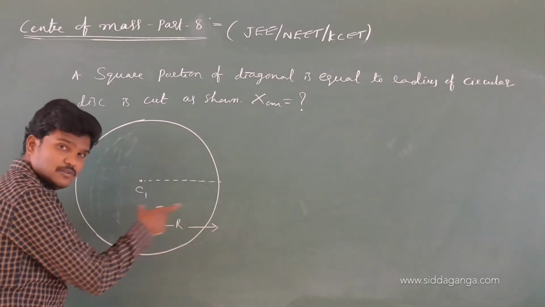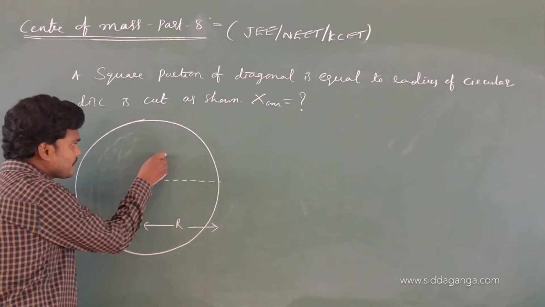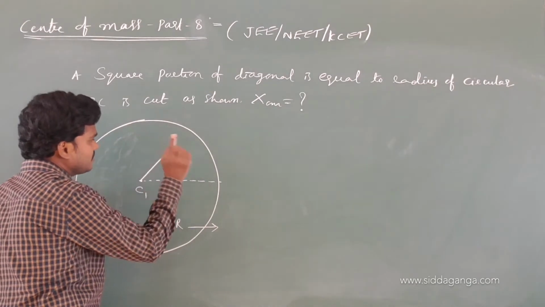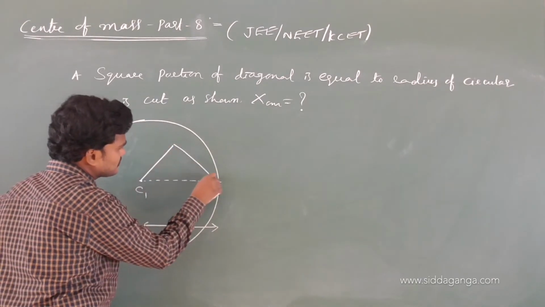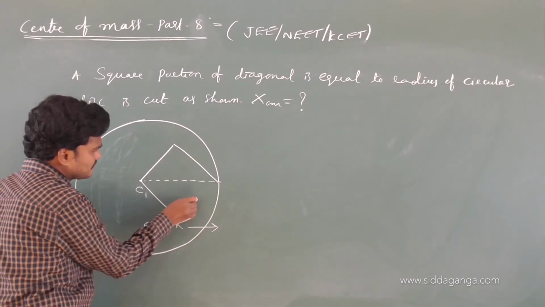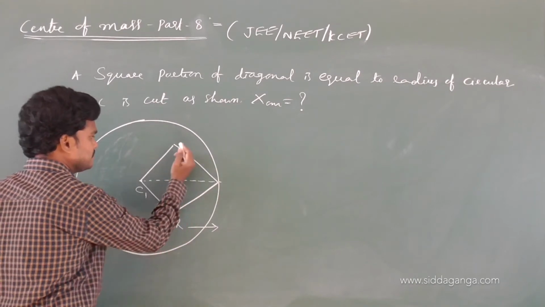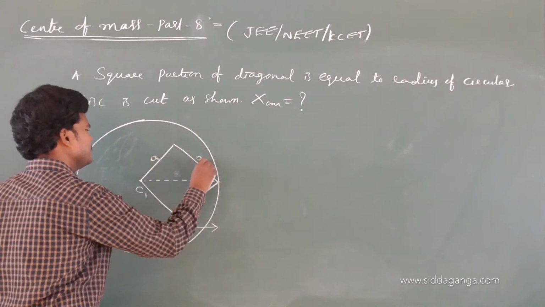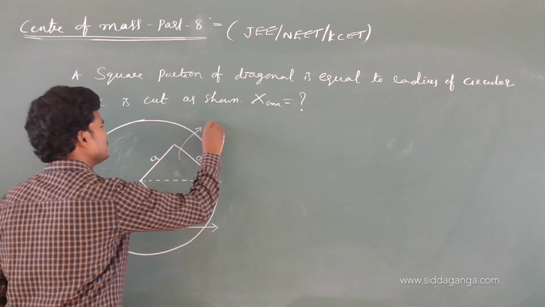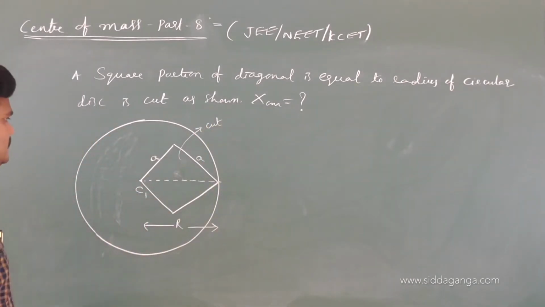Diagonal is equal to the radius. So, they cut like this. They will give the words, otherwise they will give the diagram. This is the radius, and this side is A. This is going to be cut.